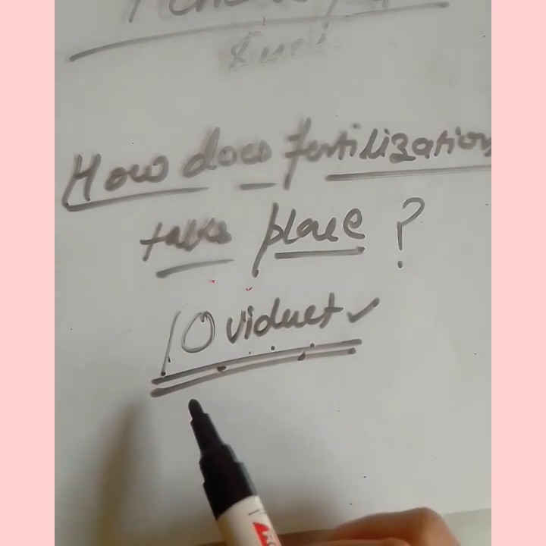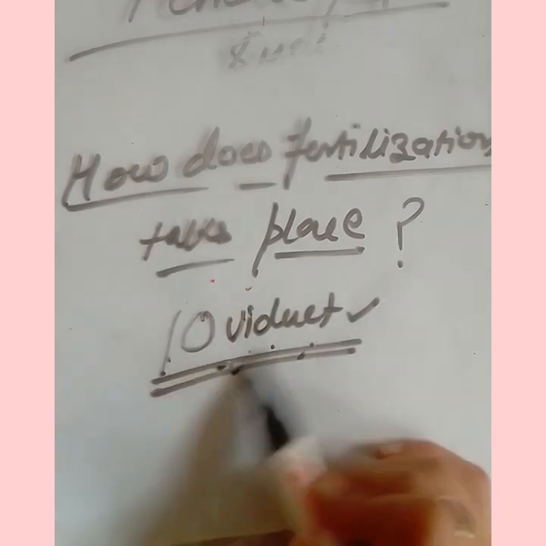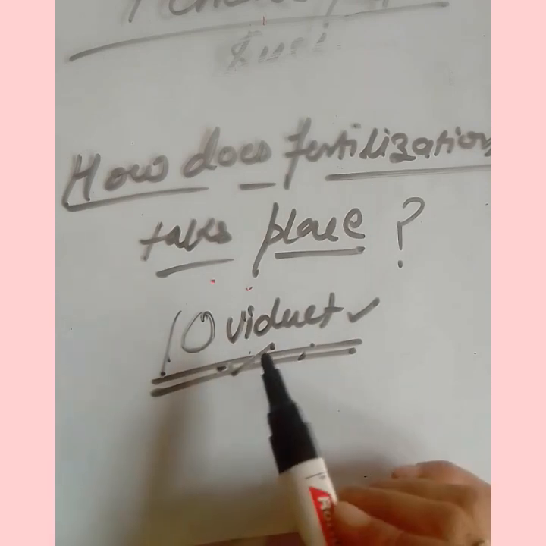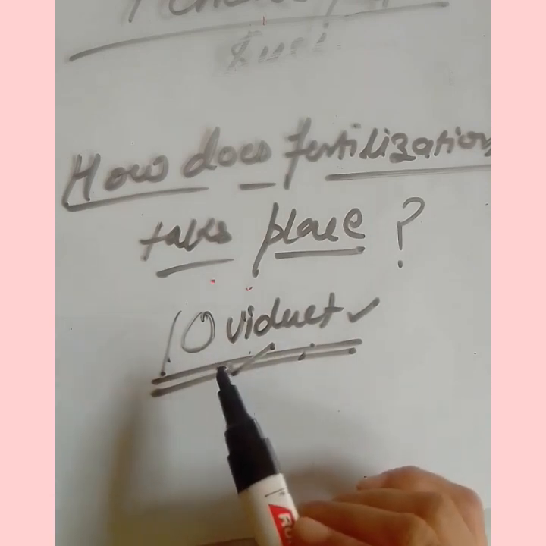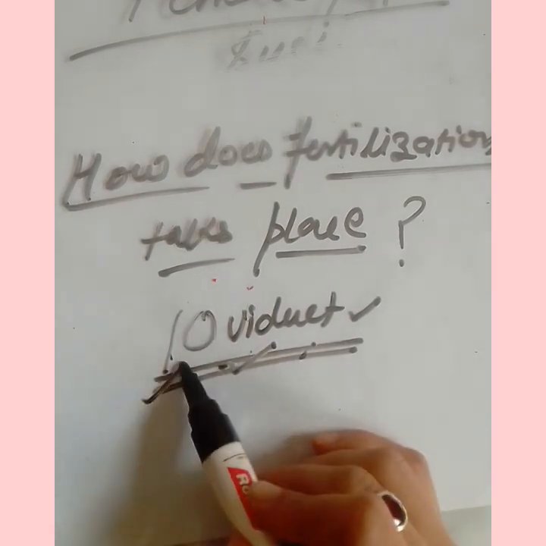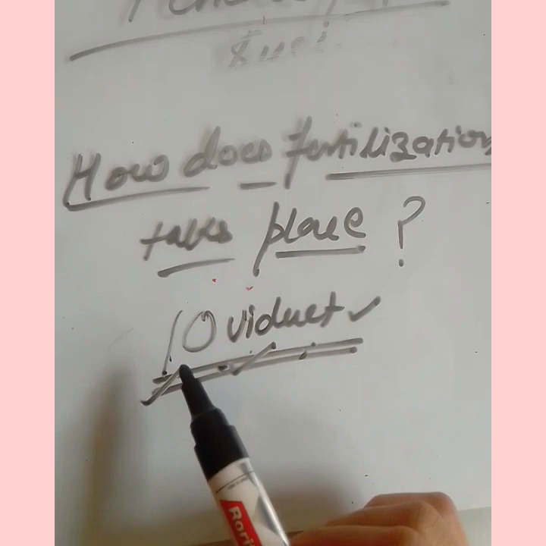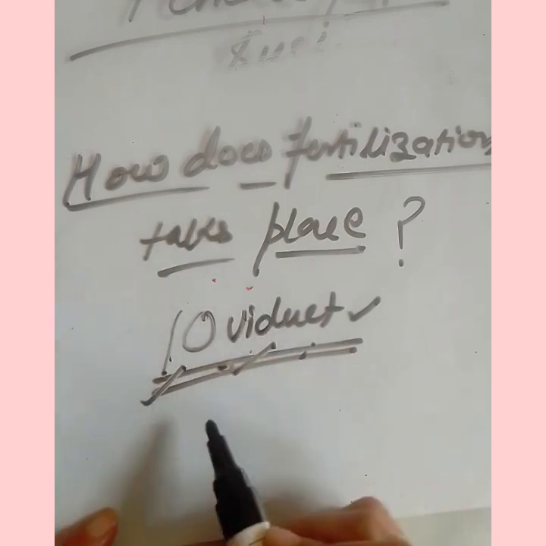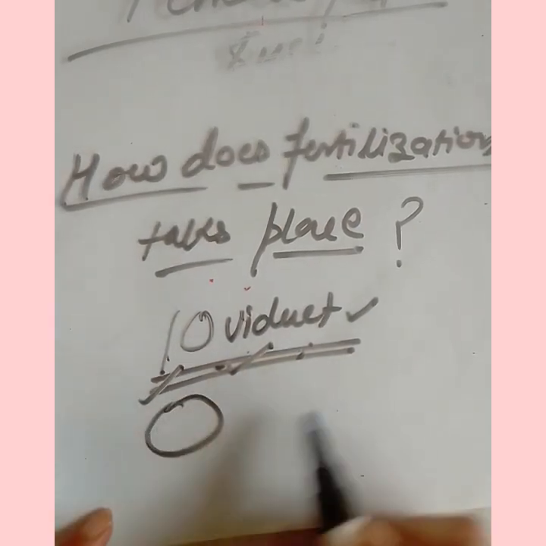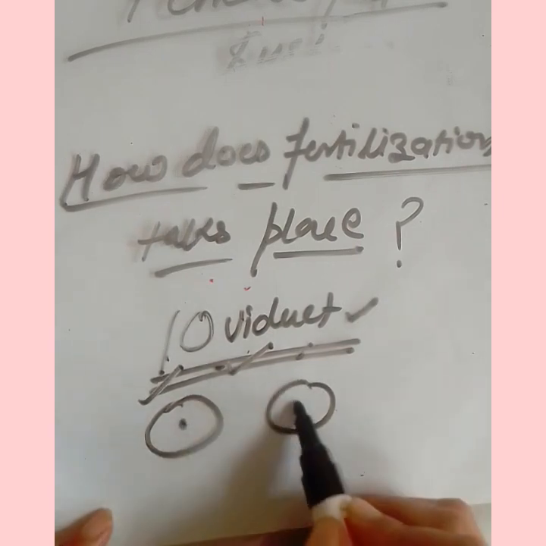Then what will happen? First of all, there will be the fusion of the sperm and the egg, that is called fertilization. Because it takes place inside the body, we call it internal fertilization. During this process, for example, this is the egg, this is the sperm, and these are the nuclei.